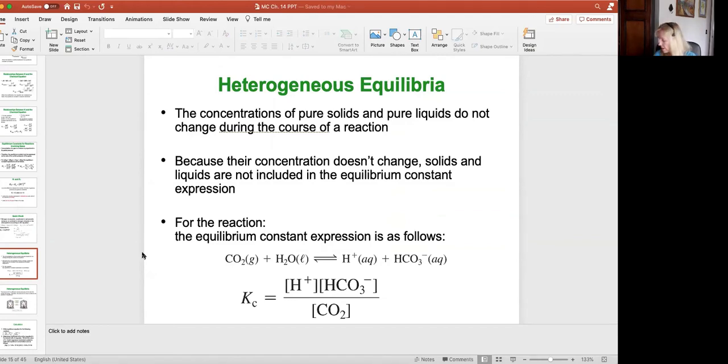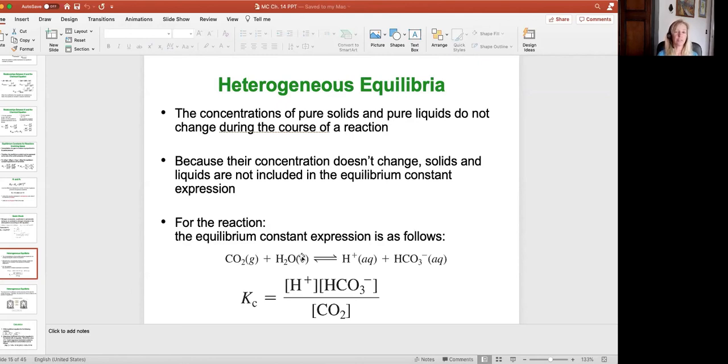And so I can treat them differently. One of the nice things about heterogeneous equilibrium is if I have a solid or a pure liquid, generally the pure liquid is going to be in such excess. Like here, water would be in significant excess to what's happening here. So its concentration isn't going to change appreciably, so it will just fall out of the law of mass action. So I don't have to include things that are in the solid phase and things that are pure liquids.